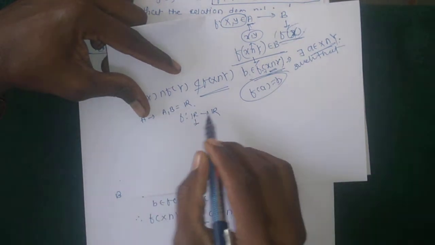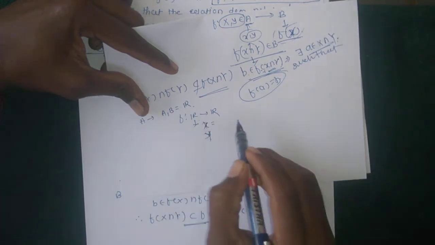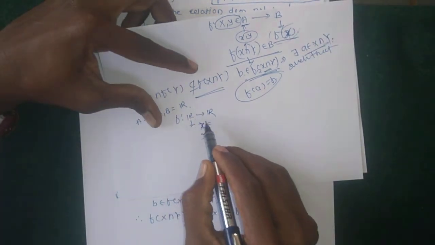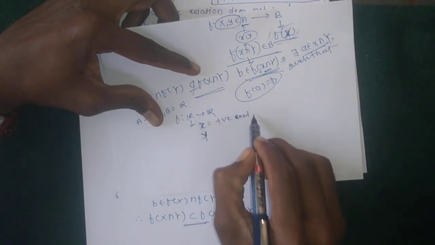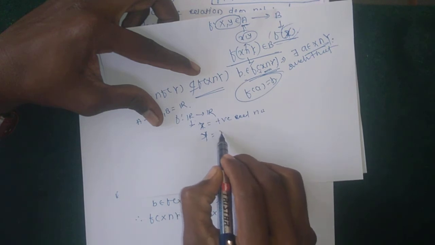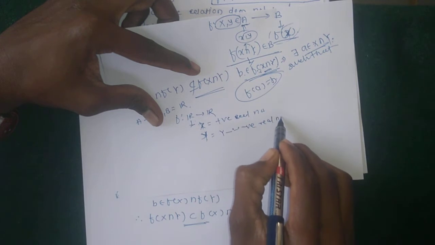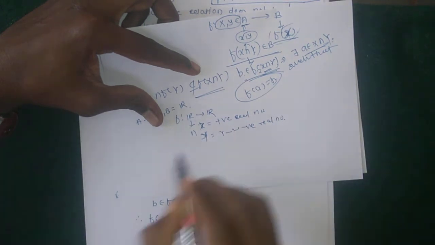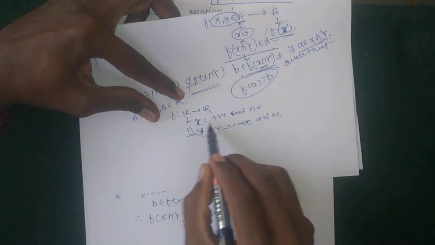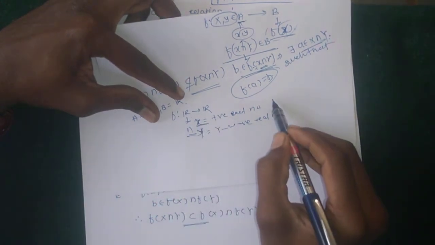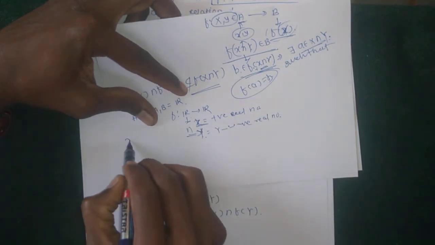Choose any two subsets x and y of the real numbers, such that x is all positive real numbers and y is all negative real numbers. Their intersection is the empty set, because x contains all positive real numbers and y contains all negative real numbers. Therefore their intersection is empty.